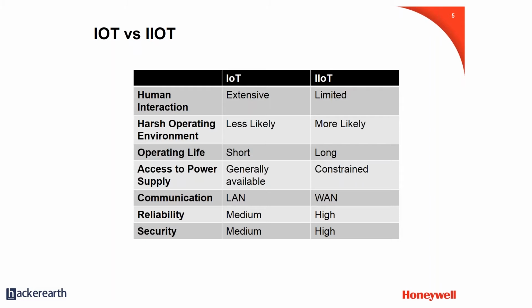But when you talk about IIoT, you don't know where something would be deployed. For instance, if you have an oil well monitoring unit, an RTU or remote telemetry unit, that could be installed in a desert, with temperatures over 50 degrees Celsius, and extreme cold, dust.